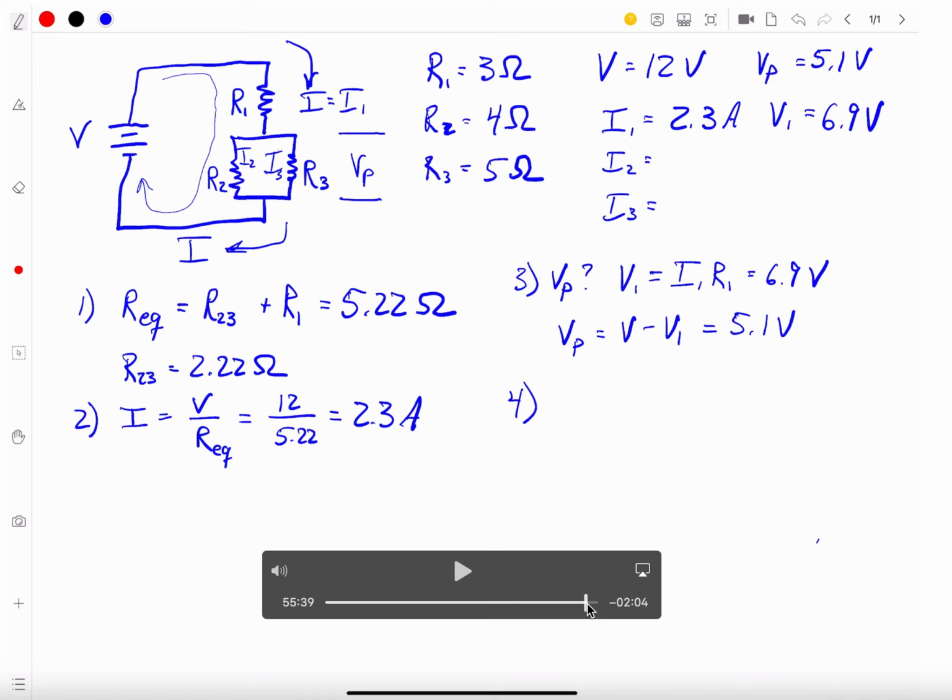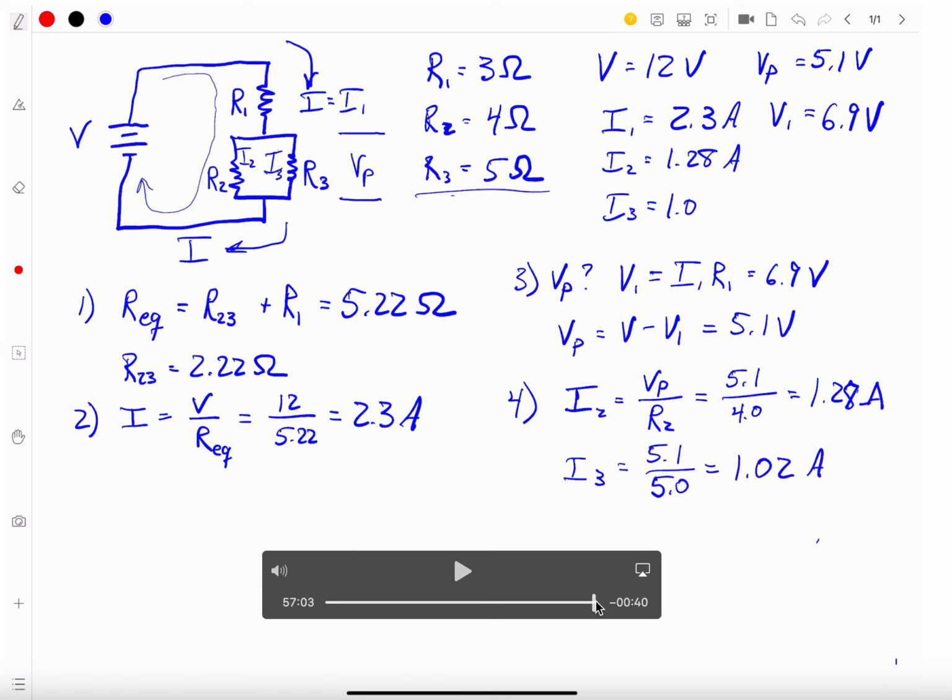That's our VP. And we use it to solve for I. I2 equals VP over R2. That's 5.1 over 4, which is 1.28 amps. I3 equals 5.1 over 5, which is 1.02 amps.